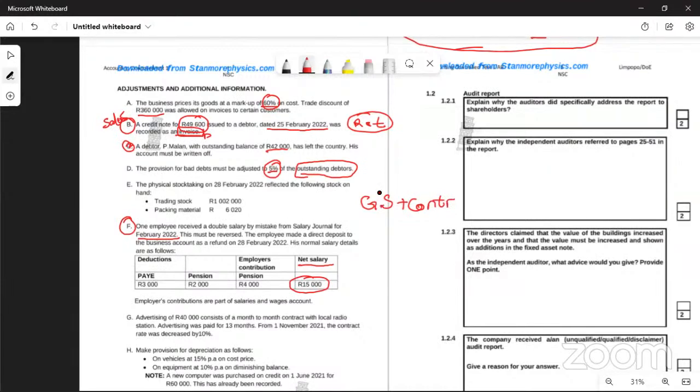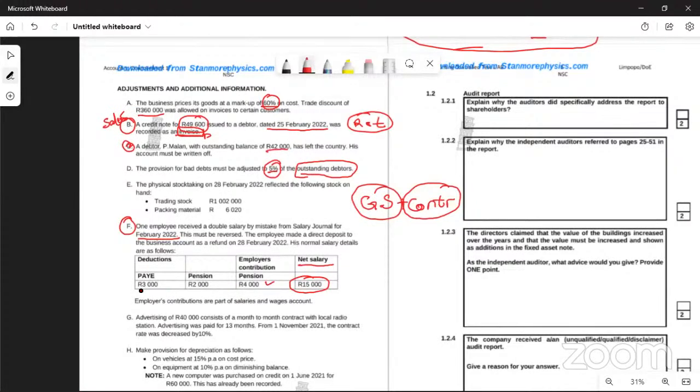You need to calculate the gross salary of this individual and add the contribution by the employer. The employer's contribution is 4,000, it's clear, so we are going to add it there.